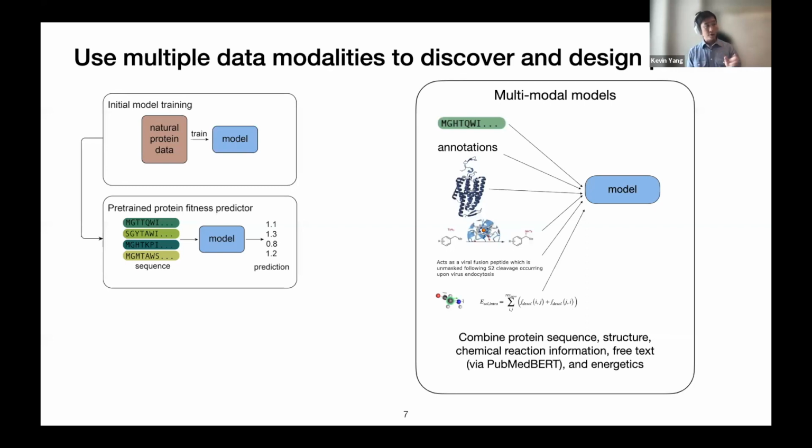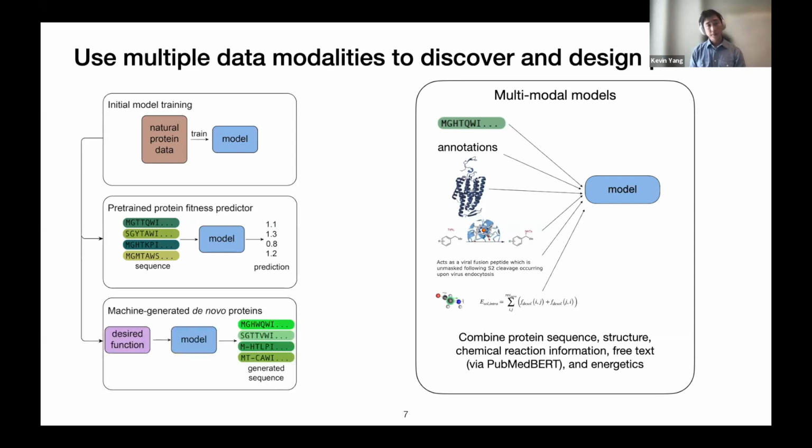And what you'd like to do is feed in sequences and predict a number for how good it is at doing something. That something could be how bright is your fluorescent protein. It could be how fast does your enzyme do this reaction, etc. And the hope there is that by pre-training on large amounts of data, you can make better predictions on small amounts of data that you collect in the lab.